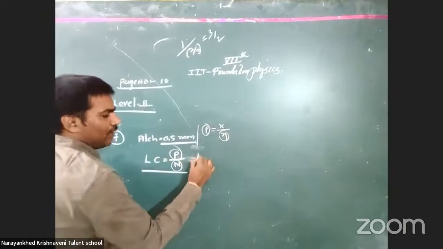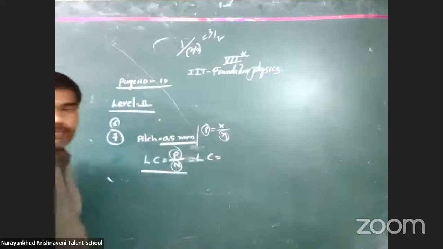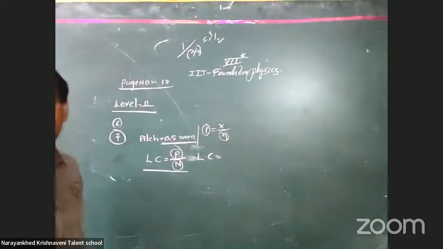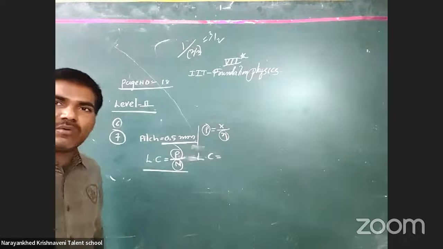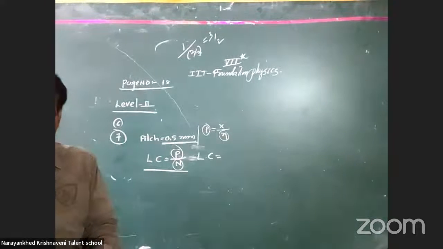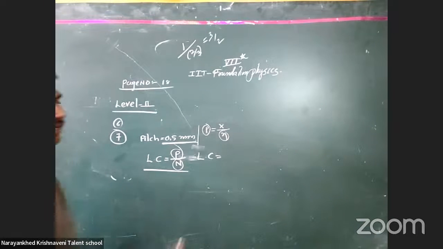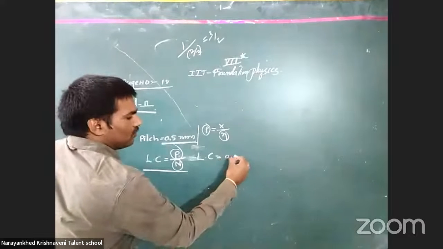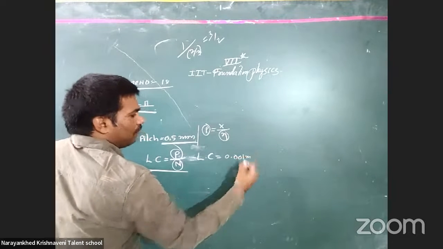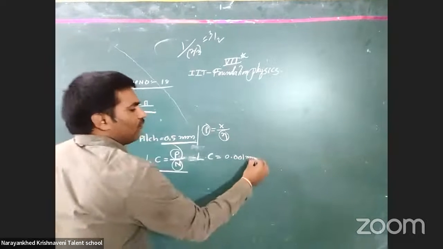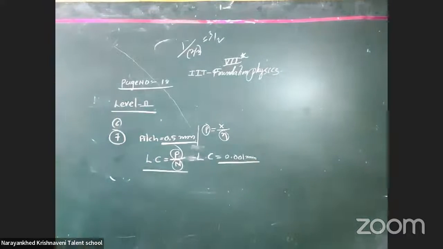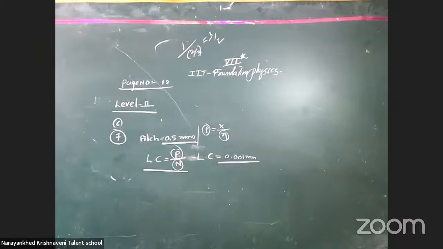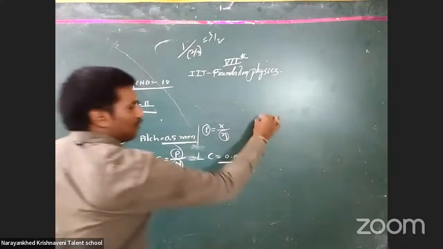What they have given is the least count. How much least count is required for us? 0.001 mm is required.